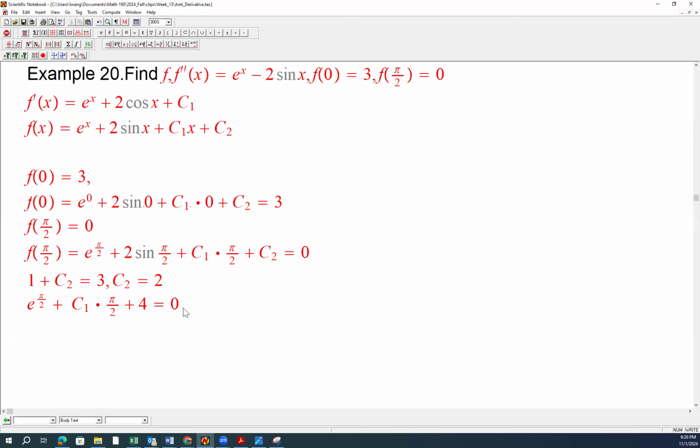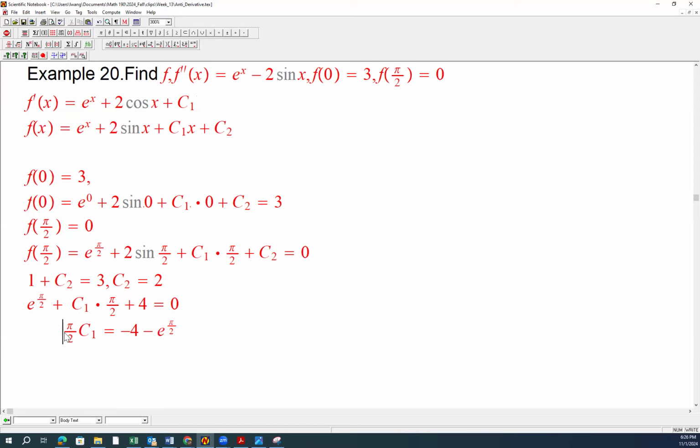All right, and then we're solving for C1. So we will keep this pi over 2 times C1 on the left-hand side, and that equals negative 4, right? We subtract 4 and subtract e to the power of pi over 2.